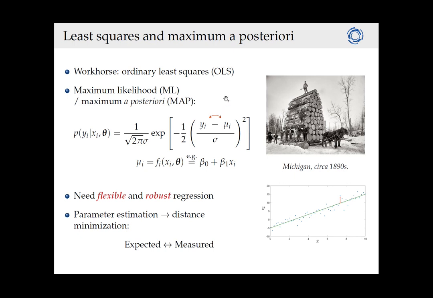Then, in order to do maximum likelihood, you are going to minimize basically this distance, but it is weighted by the standard deviation, so basically the uncertainty in the response variable. You're going to maximize this likelihood. And here, of course, again, we recognize the Mahalanobis distance.